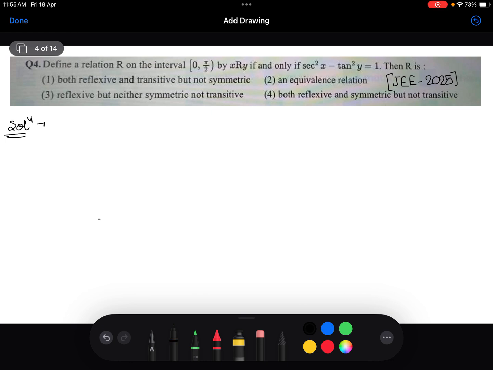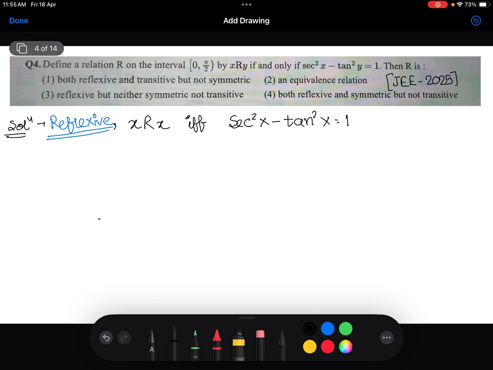So for reflexivity, we check whether x R x if and only if sec square x minus tan square x equals 1.